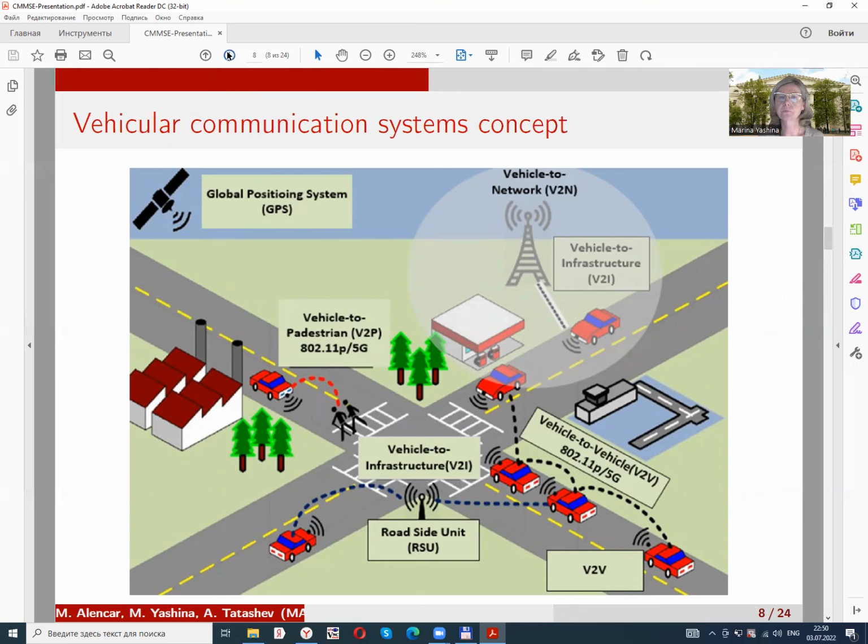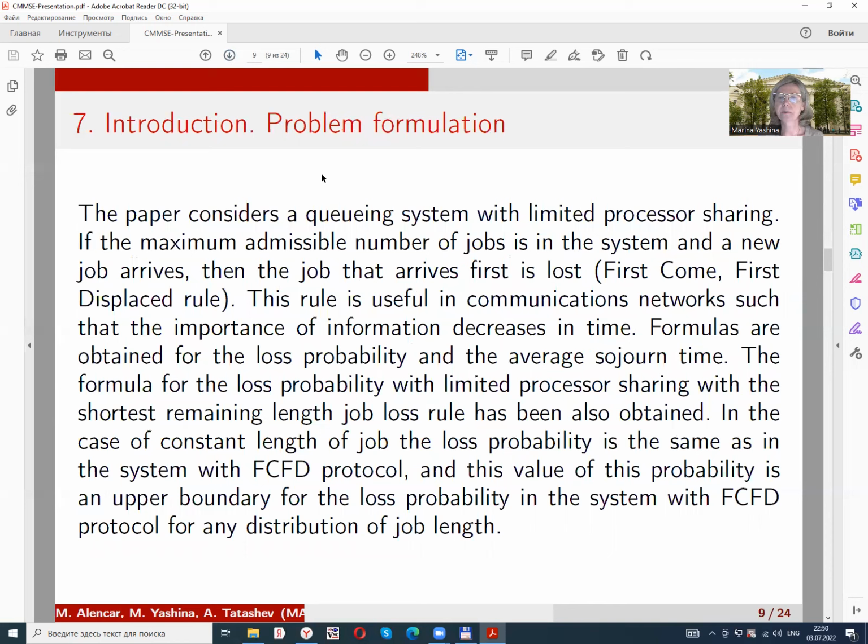The paper considers a queueing system with limited processor sharing in which, if the maximum possible number of jobs is in the system and a new job arrives, then the job that arrived first is lost. This rule is useful in communication networks where the importance of information decreases in time.